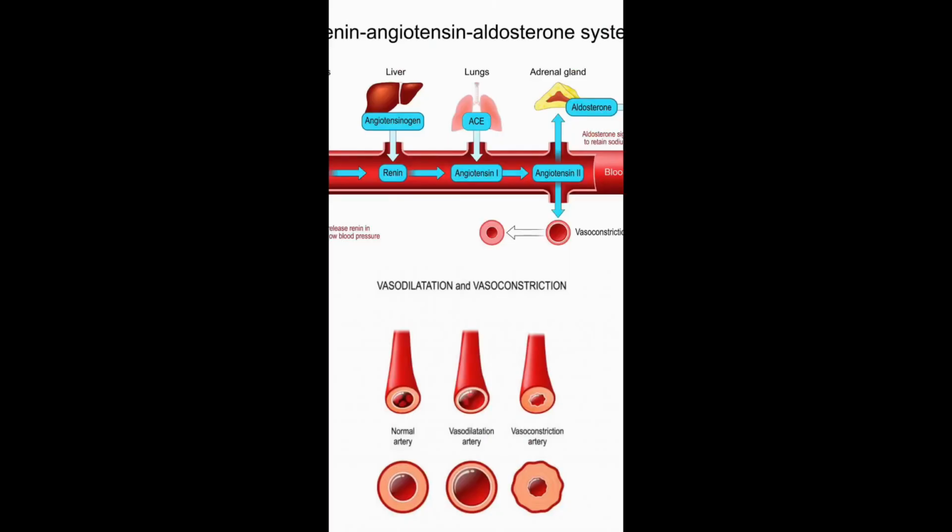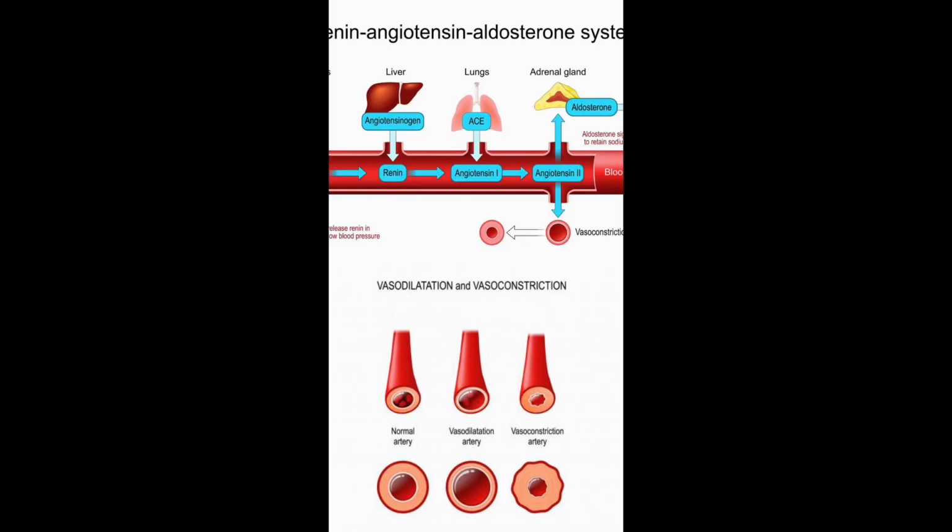To understand how ACE inhibitors work, it's important to look at the renin-angiotensin aldosterone system, also known as the RAAS system. Normally, the body produces a substance called angiotensin 1. This substance is then converted into angiotensin 2 by the angiotensin converting enzyme, or ACE.